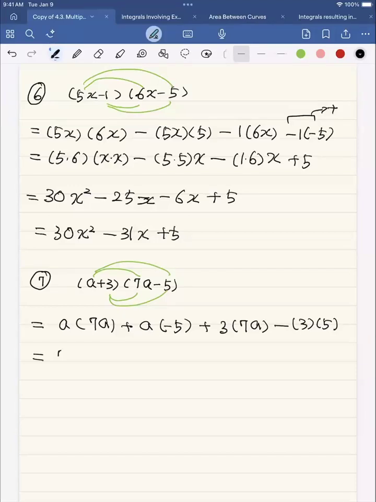So that's 7 times a squared minus 5a plus 21a minus 15. That is 7a squared plus 16a minus 15.